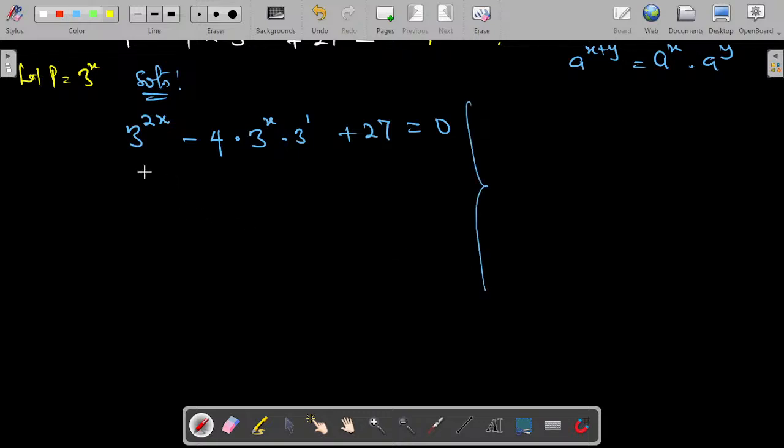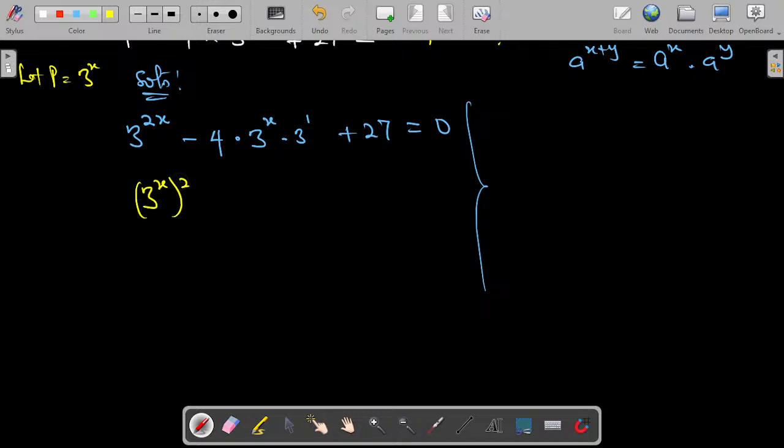So here now, my eye is peeled on where there is 3 to the power of x. Is there 3 to the power of x here? And the answer is yes. And how do you see that? I can actually write that thing up here as 3 to the power of x all raised to the power of 2.